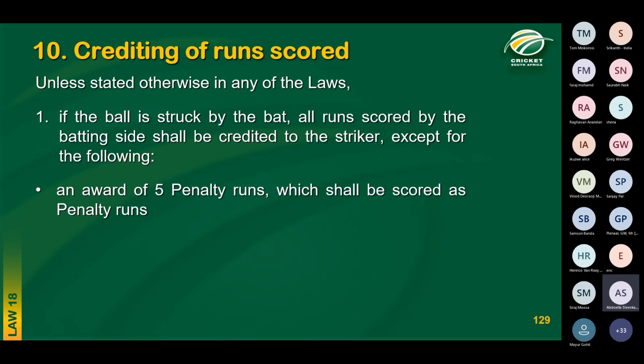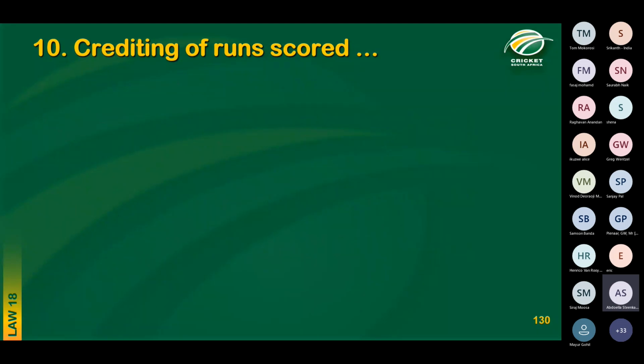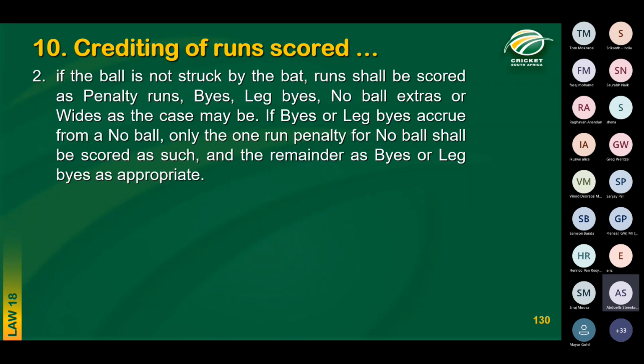There is a column in the scorebook where you add these 5 penalty runs. The 1 run penalty for a no ball shall be recorded as no ball extras in the scorebook. They shall not be added to the striker's score.